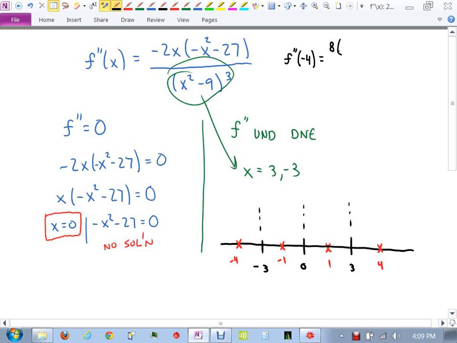What can you tell me about the negative x squared minus 27? What will that always be? A negative number. So I'm just going to put negative in there because I really don't care. And then what about the bottom? When we plug in -4, you get -4 squared is 16, take away 9. Positive, and cubed, positive. So we get a positive on bottom. So that's negative, right? What does that tell us about our function? Be careful: concave down.